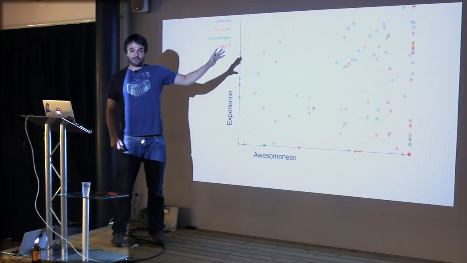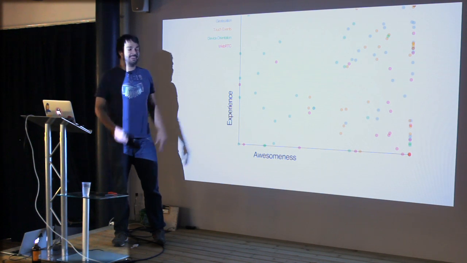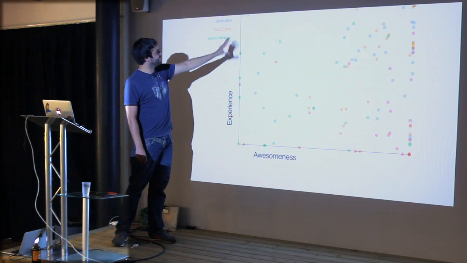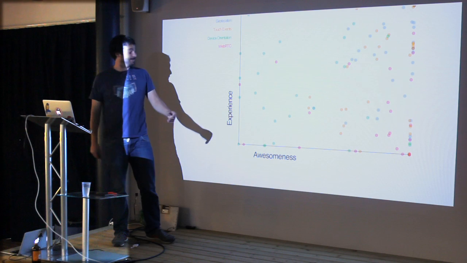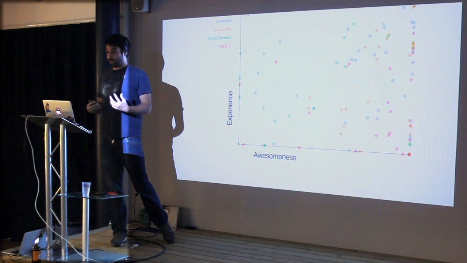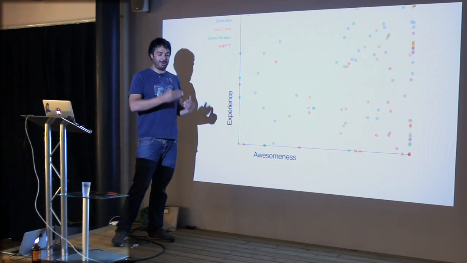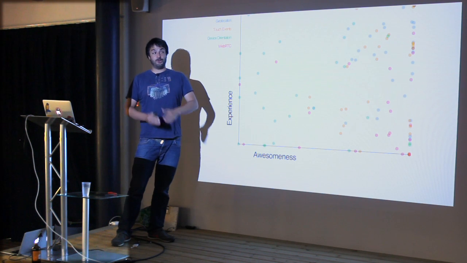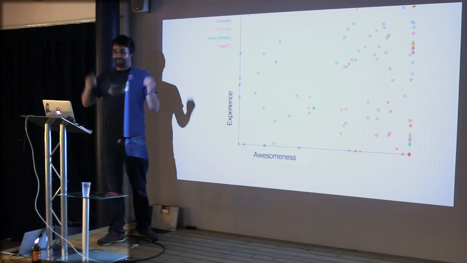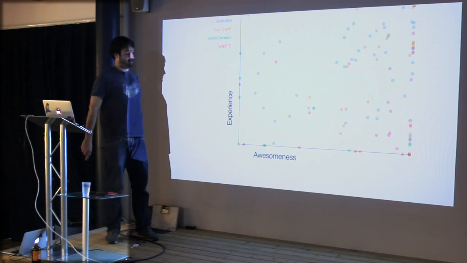It's where you know something really well and you think it's rubbish, which is a cool thing. Device orientation, yeah, cool. And this place is fine as well. You don't know how something works, and you don't know that it's awesome, so you could go anywhere. So I like to try and think of things like this.